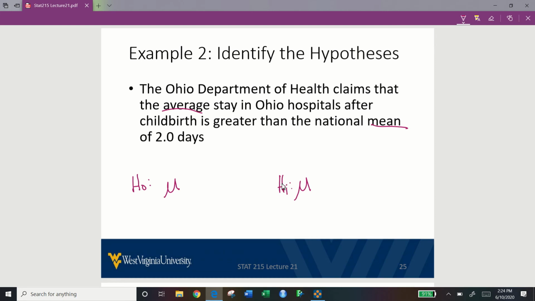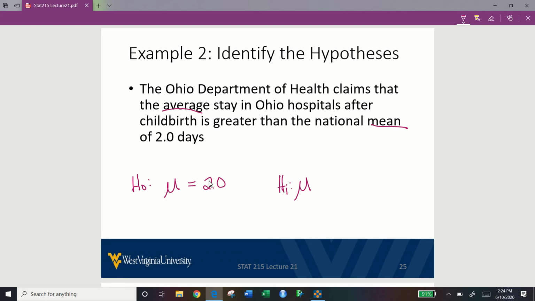For our null hypothesis, we know our sign is equals. Next, we need to consider our hypothesized value. Our hypothesized value is the national mean, which is 2.0 days.